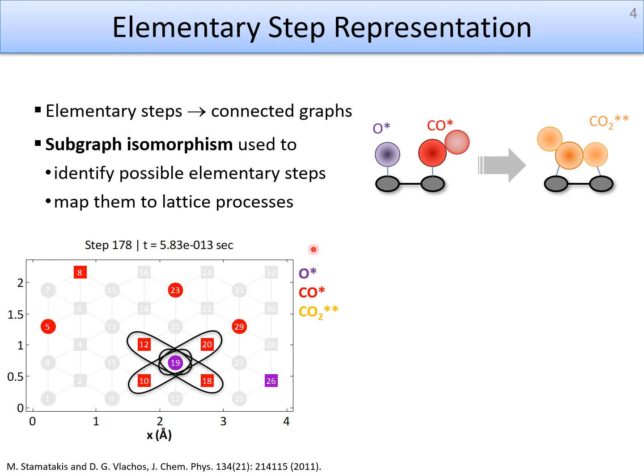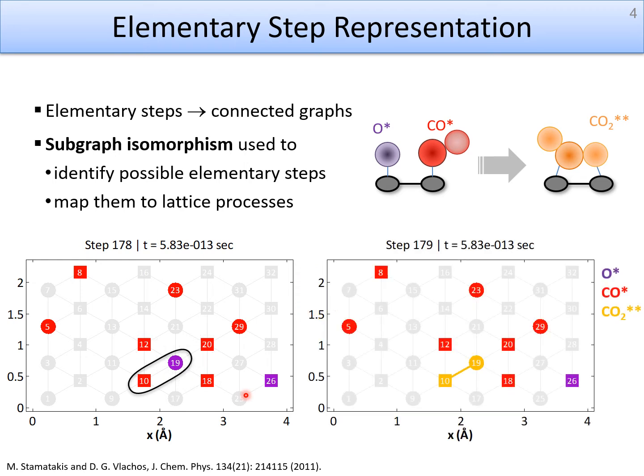And after we have identified these lattice processes, we generate a random time for each one of these to happen sometime in the future. And it happened here that this was the one with the smallest time. So this was the most imminent event that gave rise to a CO2 bidentate species on the surface.